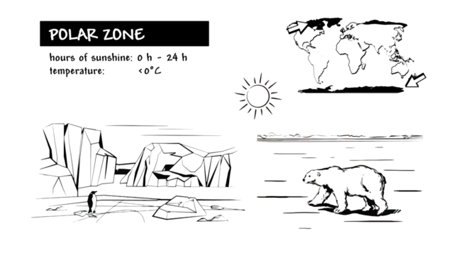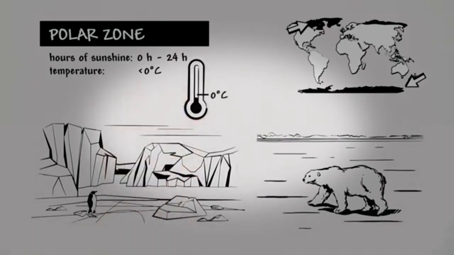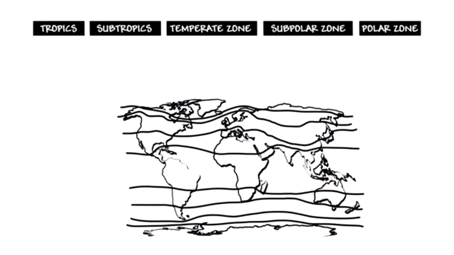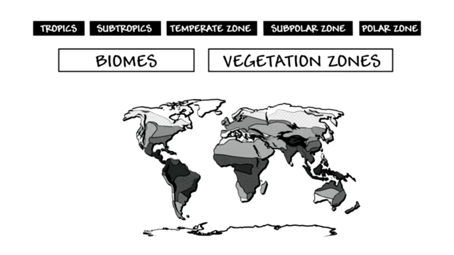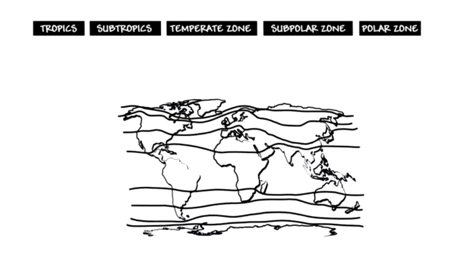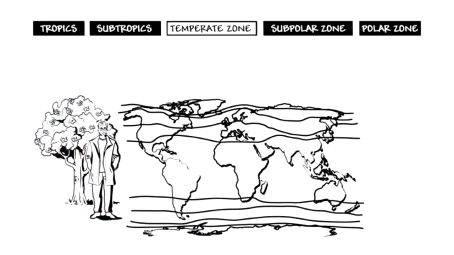In the summer, it stays light throughout the day and night, while in the winter it remains dark for almost half a year. Temperatures rarely exceed 0 degrees Celsius. These climate zones can be divided further, such as into biomes or vegetation zones. The boundaries between climate zones are rather blurred. As a result of global warming, the zones are moving, making all regions warmer and drier. So it's possible that New York may eventually look like this in the future.